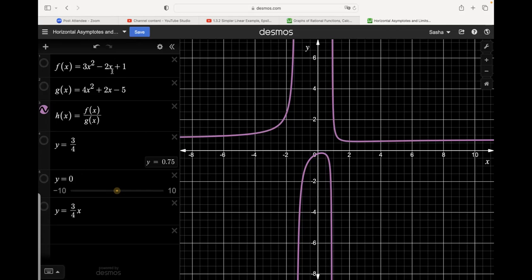Well, in order to do that, I would need to factor the numerator and denominator as much as possible, and cancel any common factors where we have some. I always like to graph the vertical asymptotes with the graph as well, and you can see that the graph is getting close to two vertical asymptotes here and here. Now let's do that on our paper and then graph the corresponding vertical asymptotes.